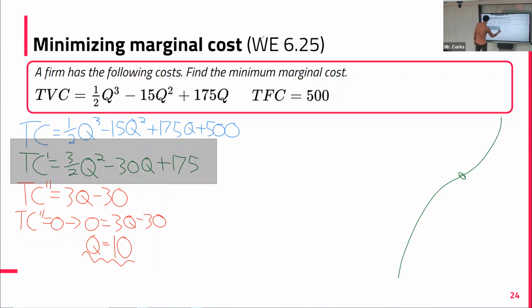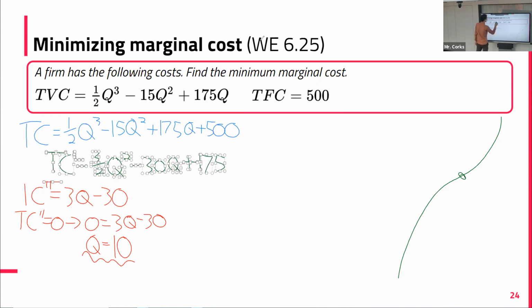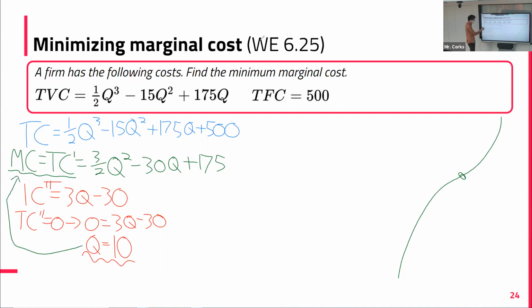I think we talked about this previously, sort of indirectly: marginal cost is the exact same thing as marginal revenue, but for cost. So marginal cost is equal to the derivative of total cost. I should have mentioned that before. So if we want to find the actual minimum marginal cost, this is where it happens, when Q equals 10. We're just going to substitute that value into the marginal cost equation, not the original one. We don't want minimum total cost because there is no minimum total cost, but we do have a minimum marginal cost.